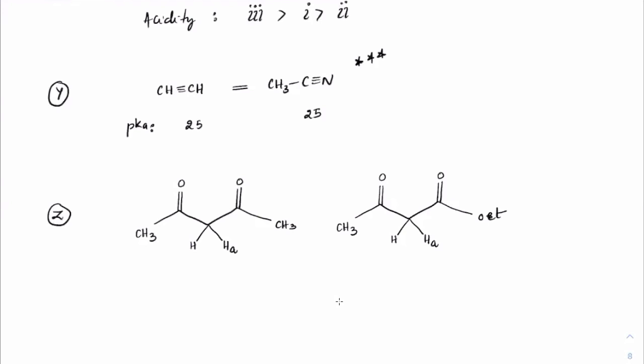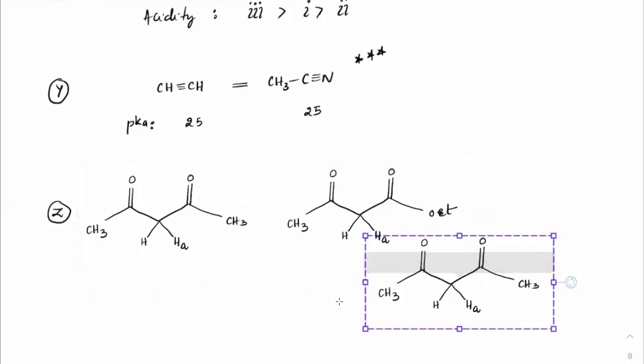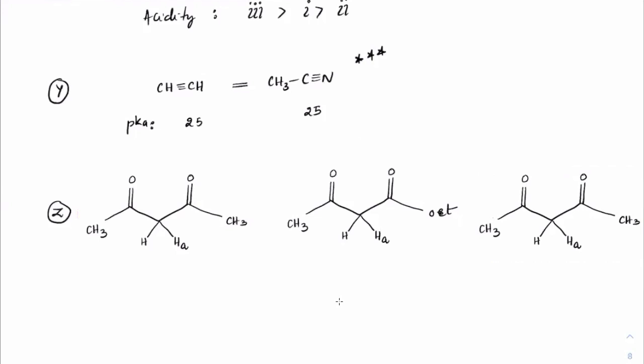That is a beta keto ester. And the third case, where ketone is on both sides, that is a diketone. So we have OEt here and here also we have OEt. Let me call these hydrogens HA, HB and HC, and I'm trying to compare the acidity of HA, HB and HC.